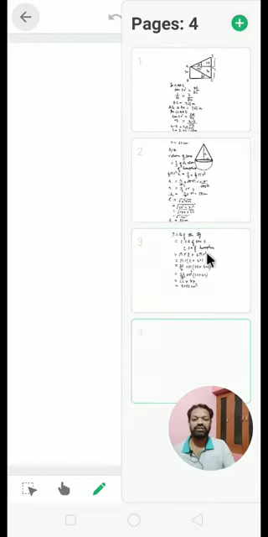Come to the next question, and the next question is about solving a trigonometrical identity. We have to prove the identity. So what is that?